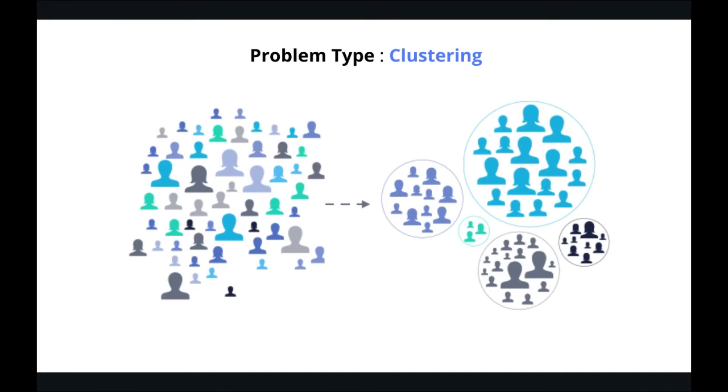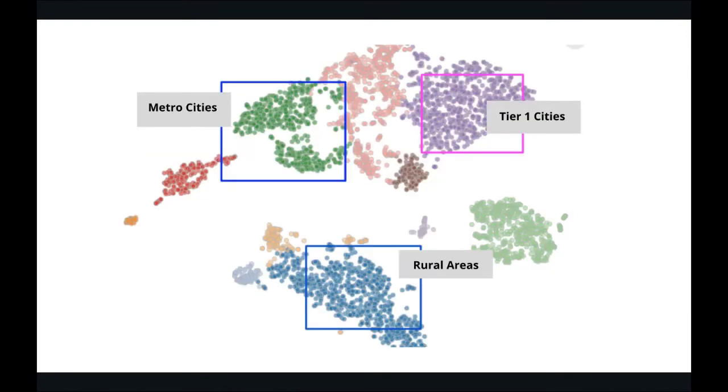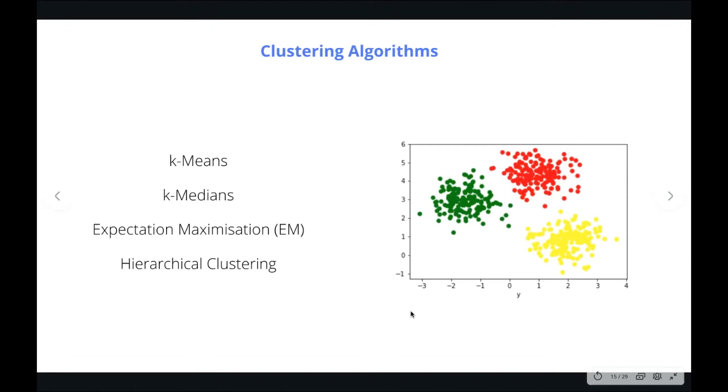Like in this case, it has clustered this whole set on the basis of the place where they're living, either people living in metro cities, tier 1 cities, and rural areas, right?